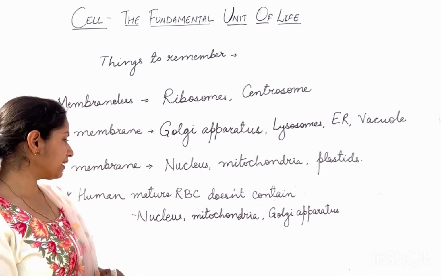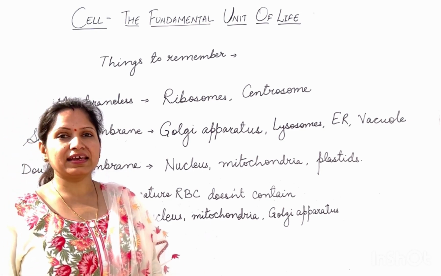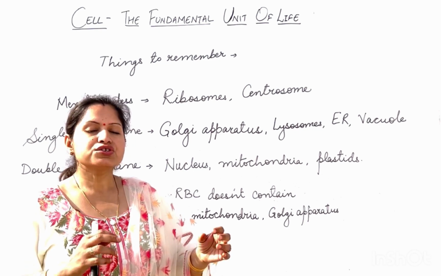One last thing that I would like to tell you is that human RBC, when it's in the mature stage, doesn't have any nucleus, mitochondria or Golgi apparatus.